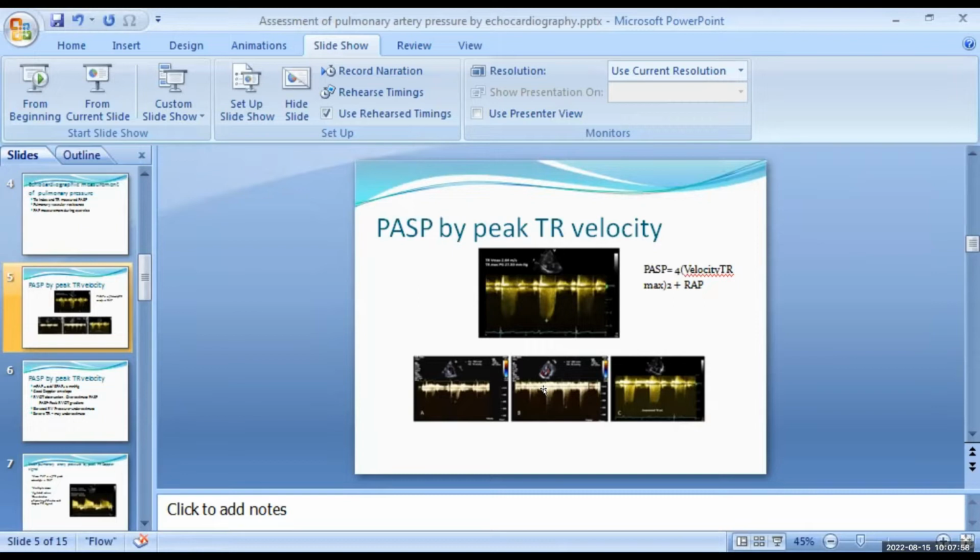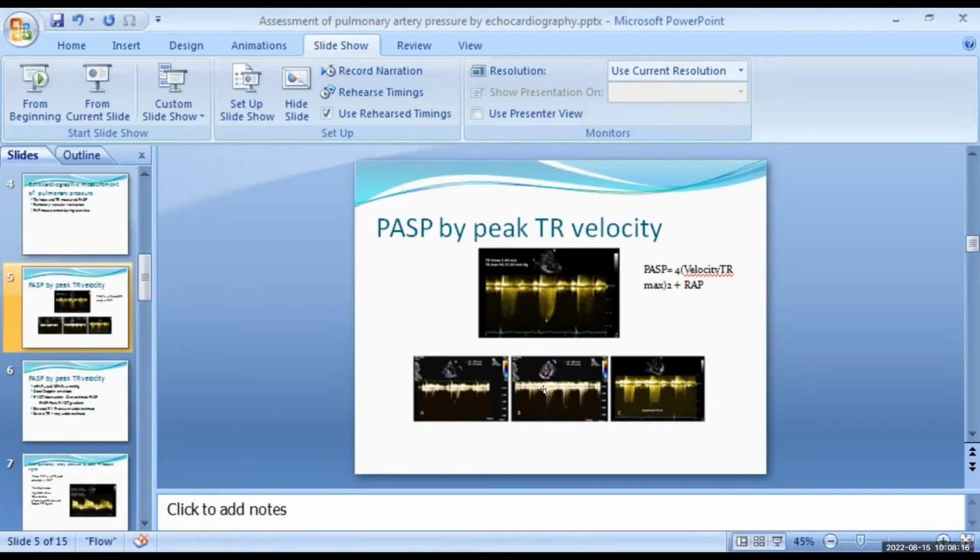What are the points to be taken care of? A lesser degree of TR can occur in a compensated RV because of elevated right ventricular pressure. This can lead to underestimation of pulmonary artery systolic pressure.